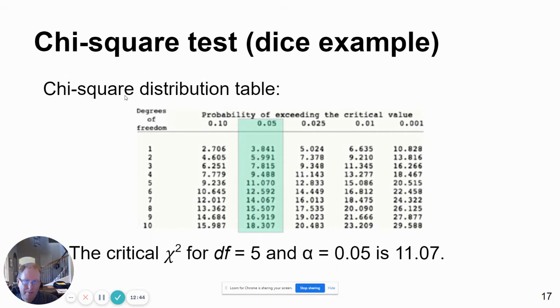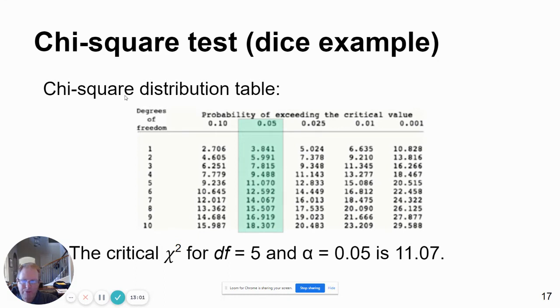And as you remember, my calculated chi-squared was 13.6. So because my calculated chi-squared is greater than my critical, I reject the null hypothesis. And this table can actually give you some information about my p-value.